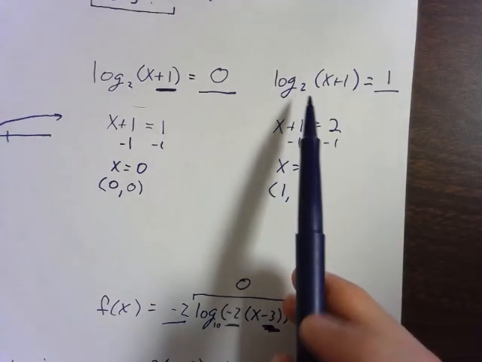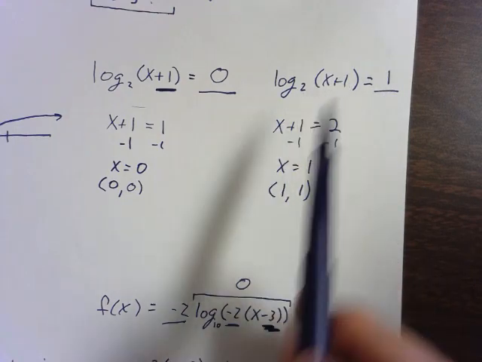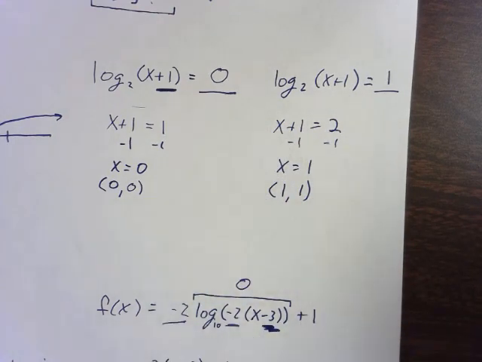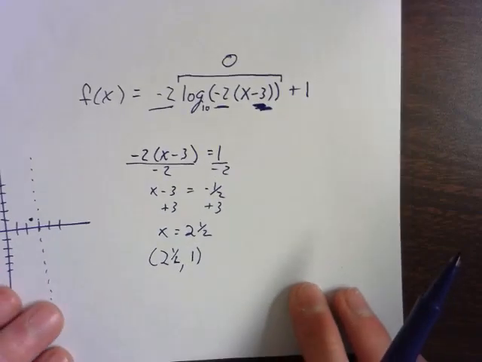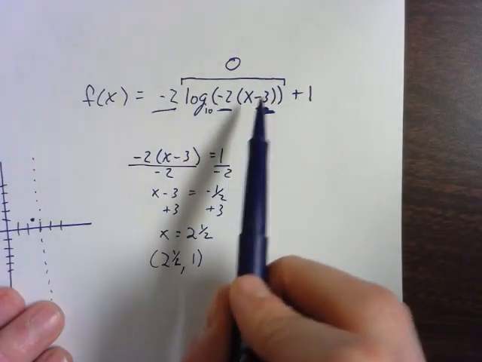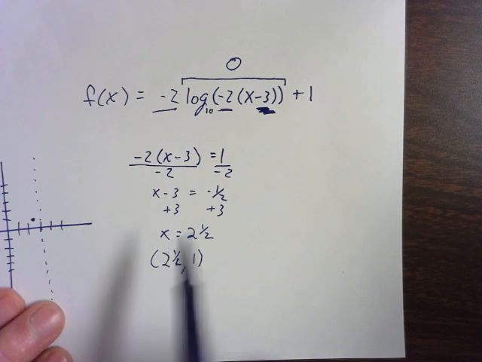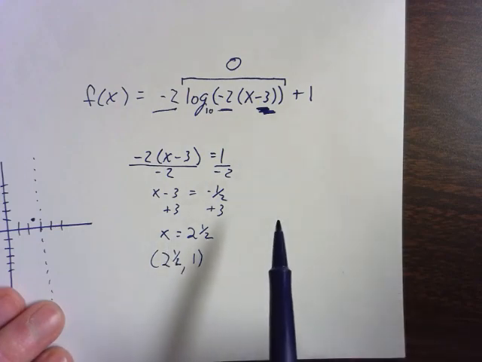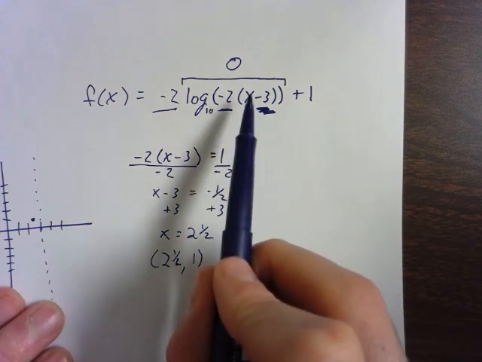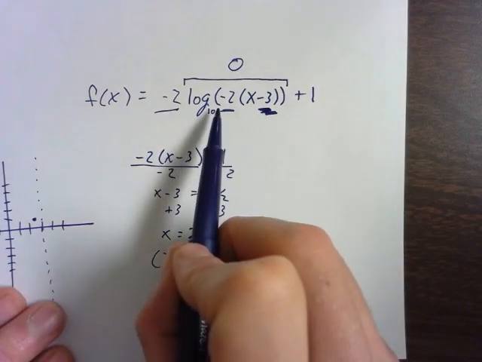Now, just like we did up here, if 2 to the first power equals x plus 1, then x plus 1 must equal 2. So, same way down here, if 10 to the first power equals this, then -2 times x minus 3 must also equal 10.